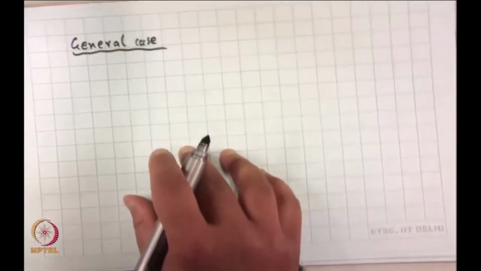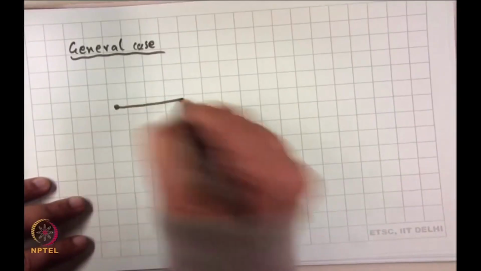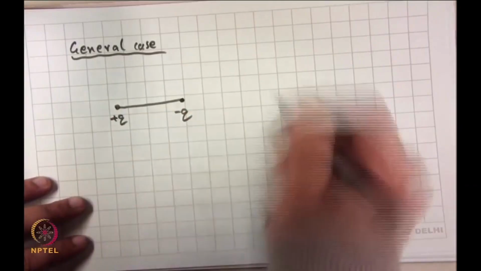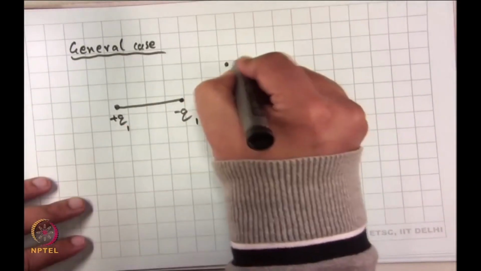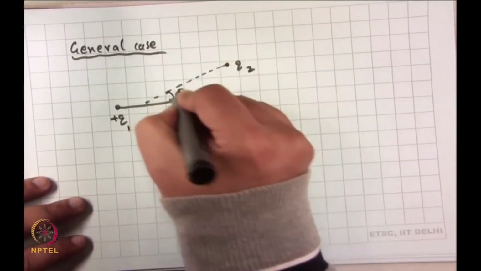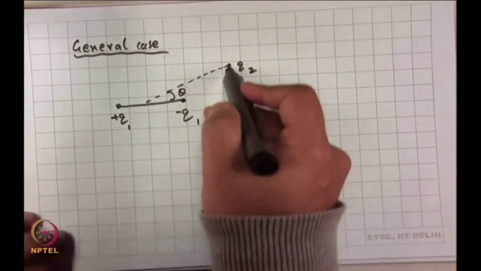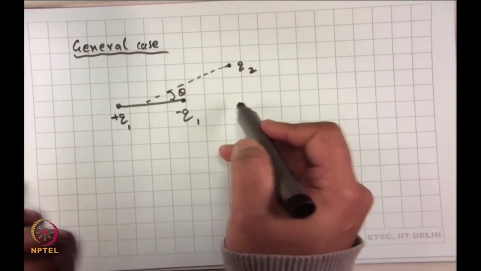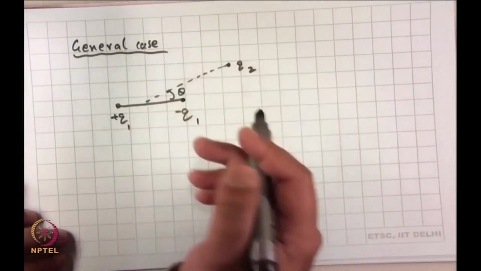What I am going to have is a dipole like this, so this is plus q, minus q, and I can have a charge out here which is q2, at a certain angle theta with the dipole. This is the most general case. Why? Because if this q2 comes here, that means collinear, then theta is equal to what? 0, right, because it is a special case of this one, there is no angle between these two.